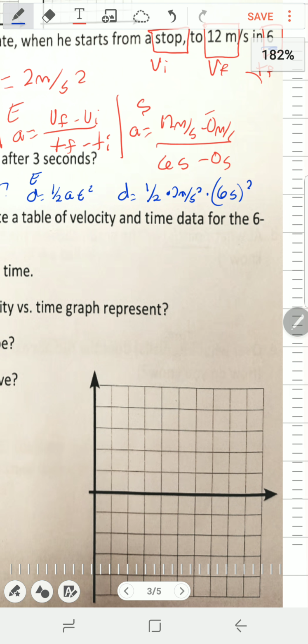So now let's solve it. Now, using PEMDAS, you understand, you take care of your parentheses and exponents first. Well, the only thing that is parentheses is the exponent, so that's one and the same. Now, you got to solve that first. And if you want to, you can calculate 1/2 times 2 at the same time. It doesn't really matter. So I'm going to solve it. D equals 1 meters per second squared times, and what is 6 seconds squared? 6 seconds squared is going to be 36 seconds squared.